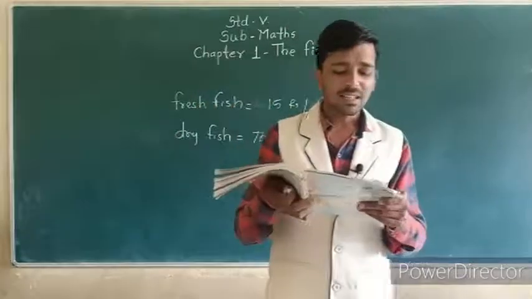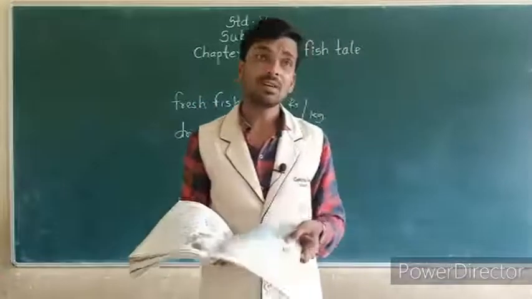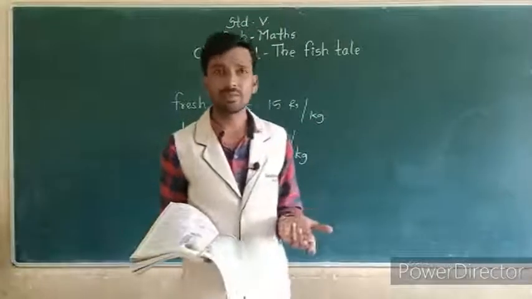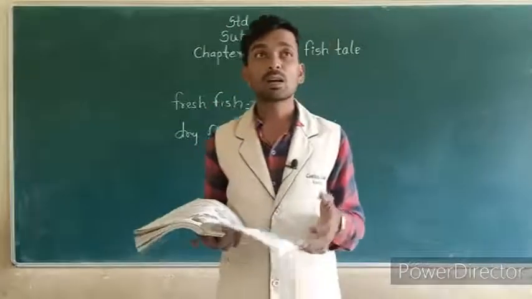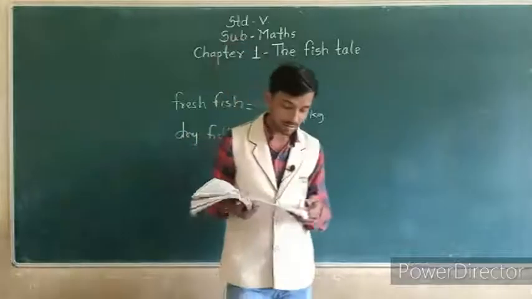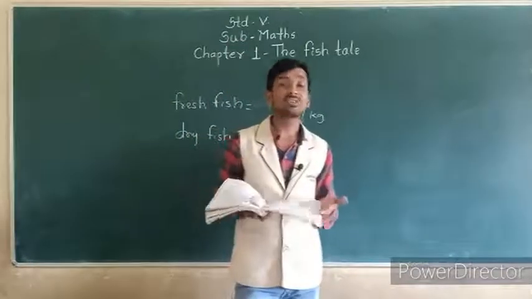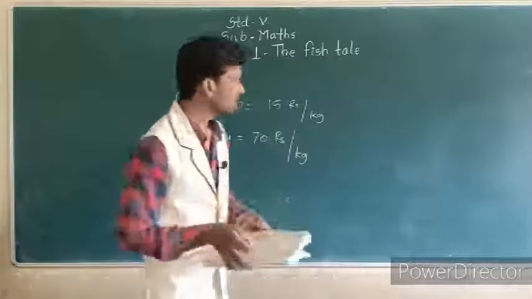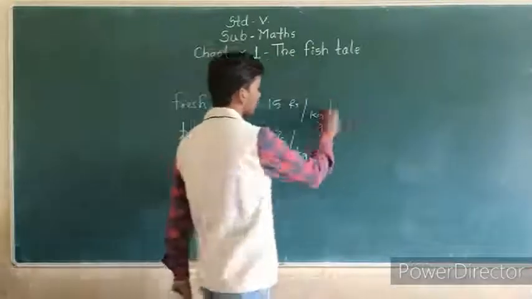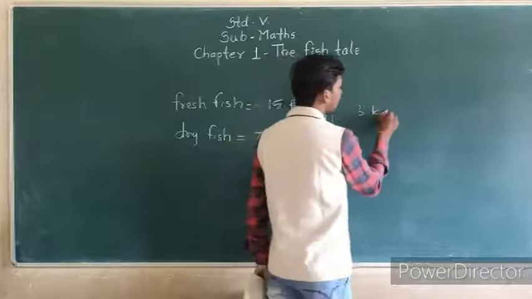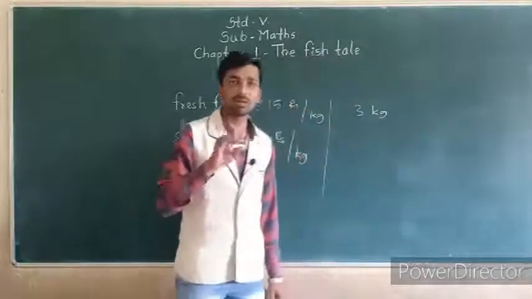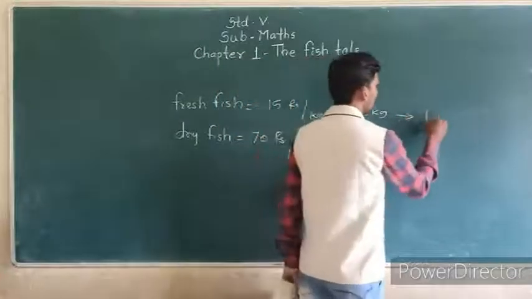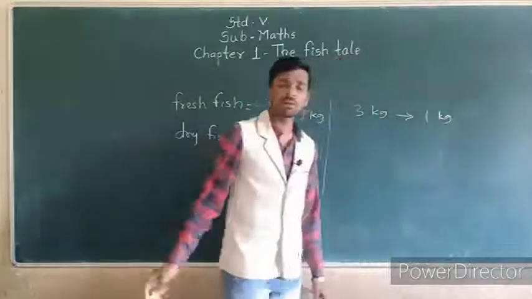We dry 6 kg of fresh fish to get 2 kg. We know that when we take 3 kg of fresh fish, we will get 1 kg of dry fish.